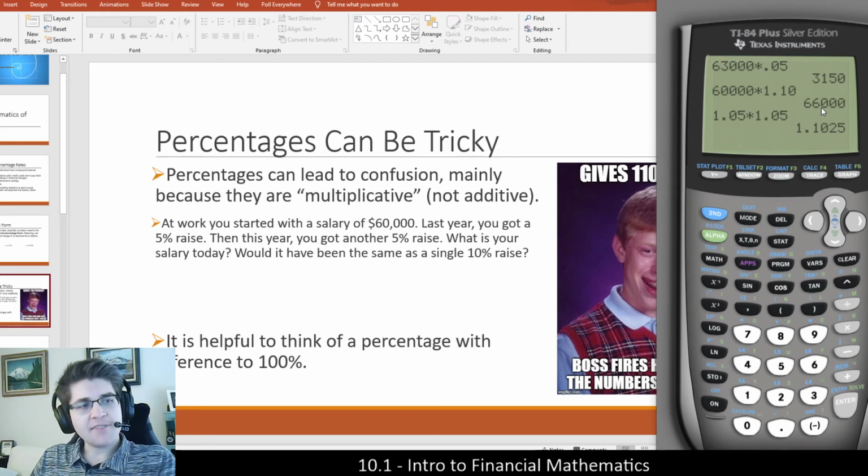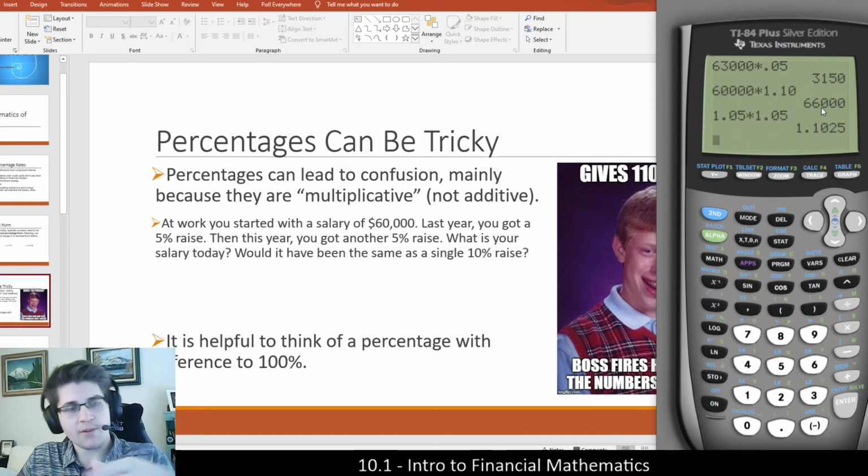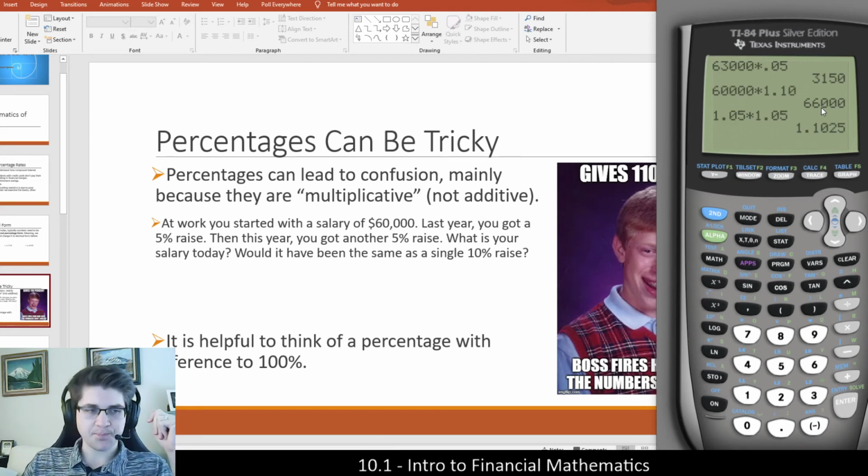So I could think of the growth of my account as multiplying by, say, 1.05. And every time I apply that interest rate, it's going to be multiplied and multiplied and multiplied. And the effect of compounding is that over time the growth will get more and more and more.